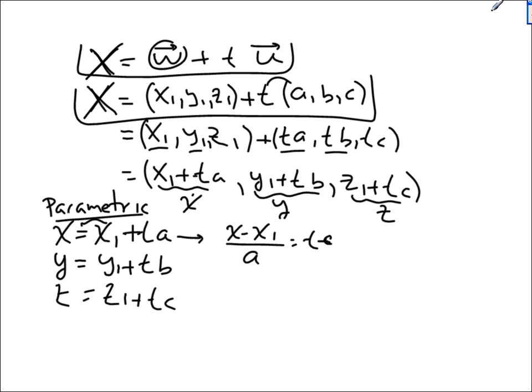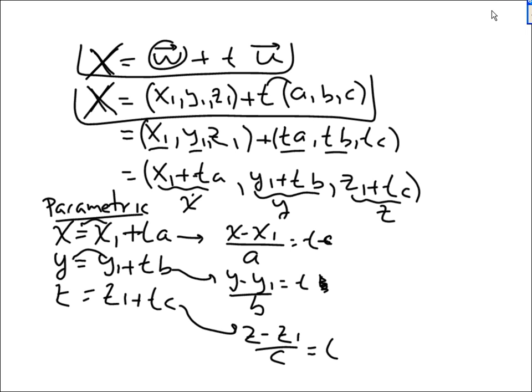So that's what t equals. In the second equation, I bring the y1 over. So I get y minus y1 is tb. I divide by b. Do the same over here: z minus z1 over c is equal to t. But everything that equals t is equal to itself. That is, these three are equal to one another.